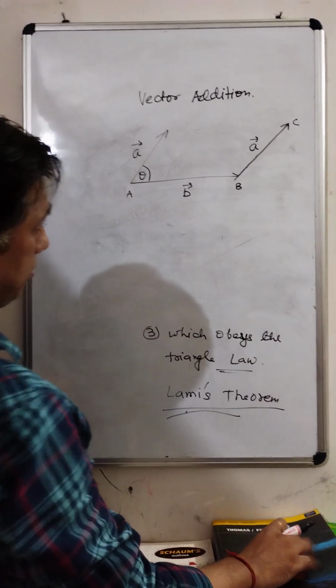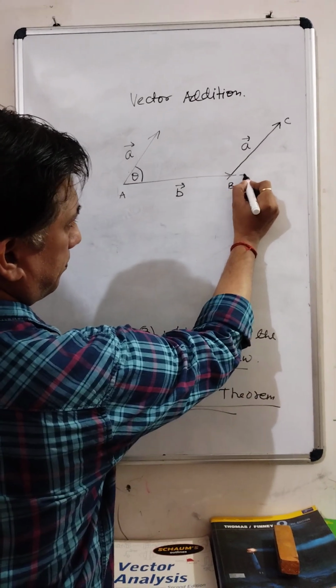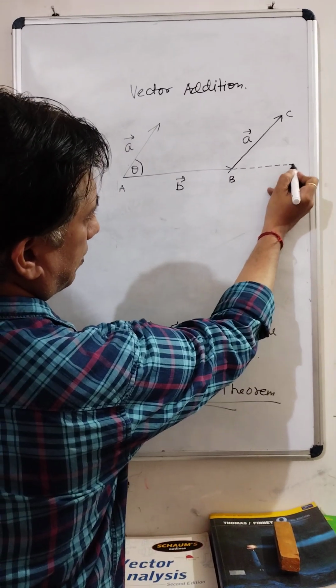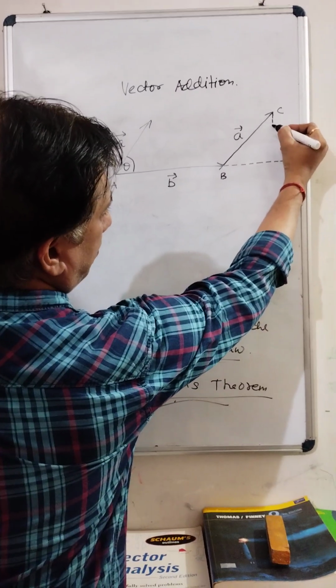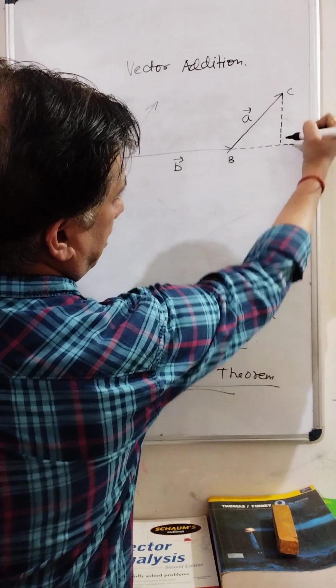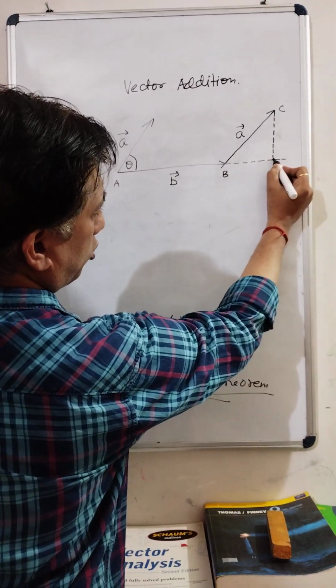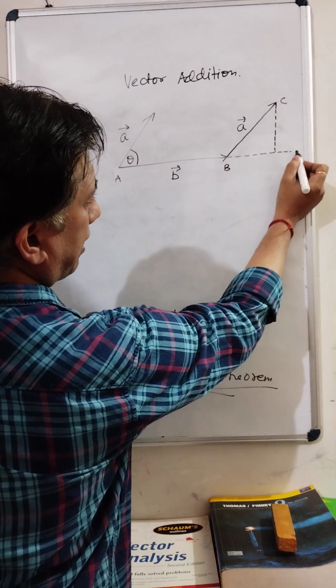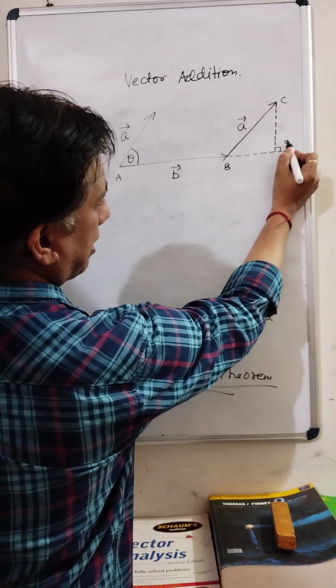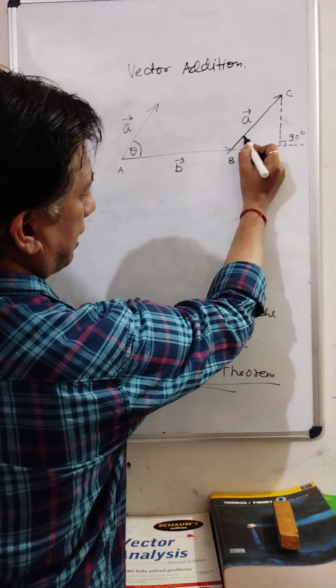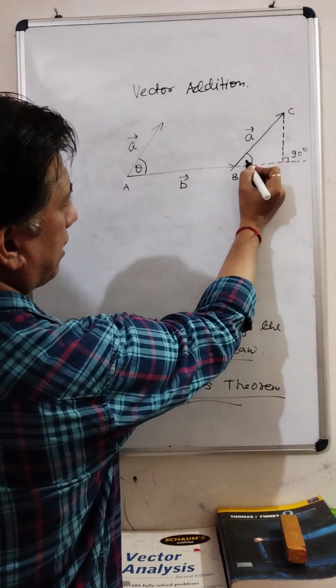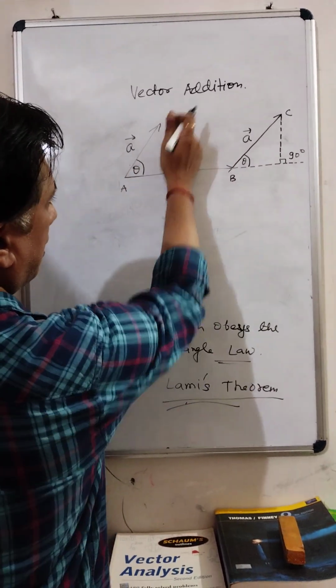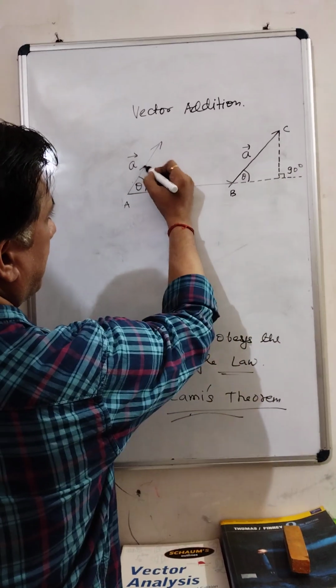Now we produce this in this direction and draw a perpendicular from this point to the produced ray. This is 90 degrees. This is the same angle theta because they are both parallel in space.